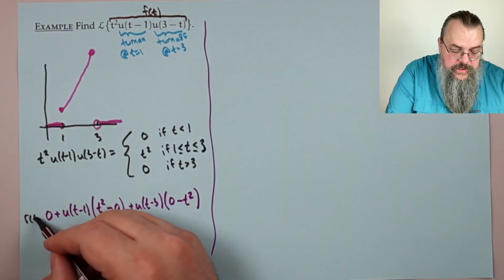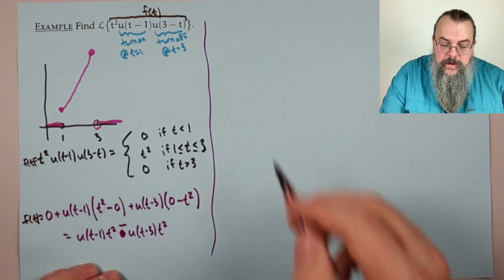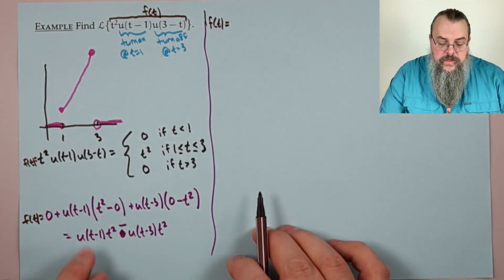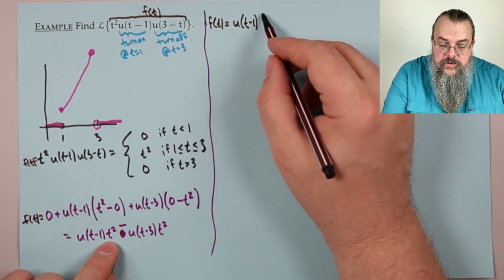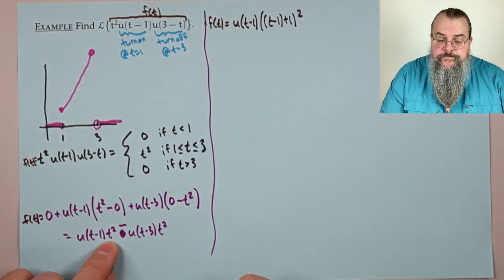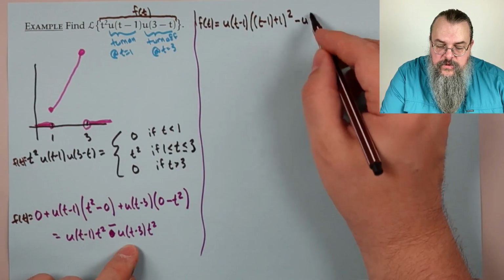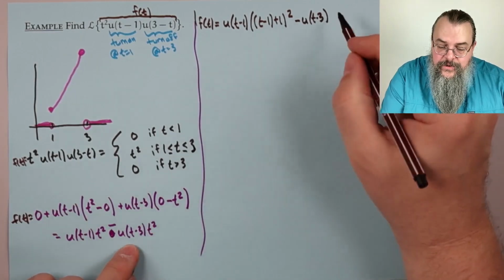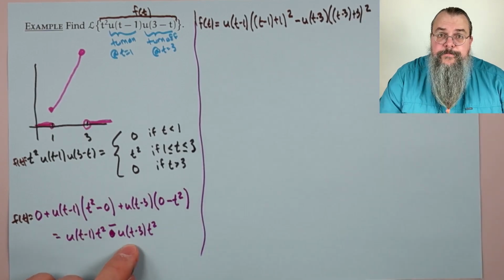So here is f(t), and again, this is also f(t). So f(t) is equal to u(t minus 1), and then for t squared, we'll think of this as (t minus 1 plus 1) squared. And now we'll do the same thing, subtract u(t minus 3). Here, t minus a is t minus 3, so we're going to have (t minus 3 plus 3) squared. Okay?